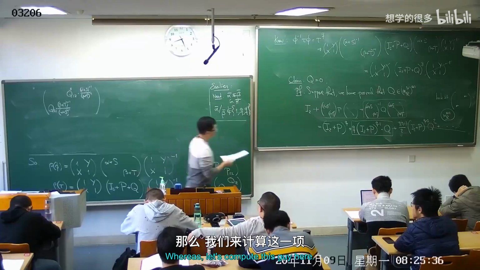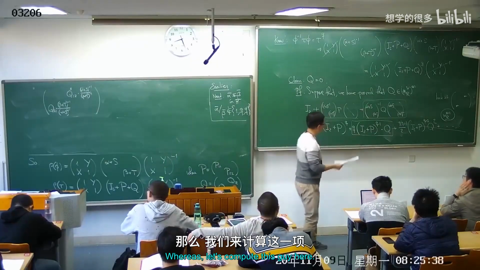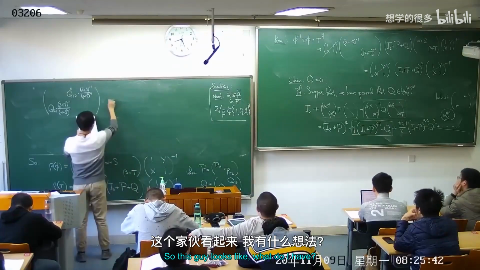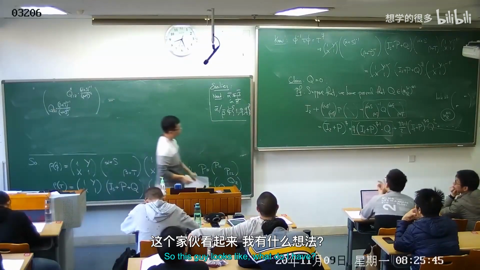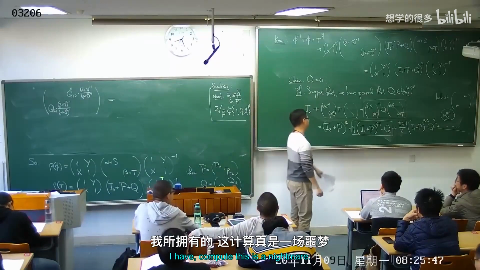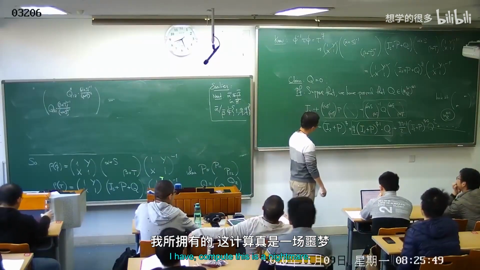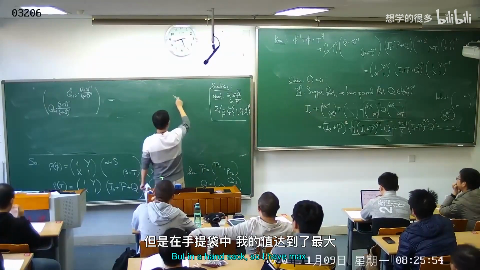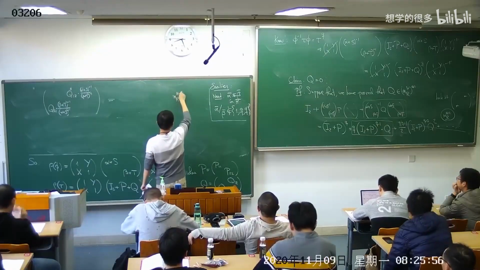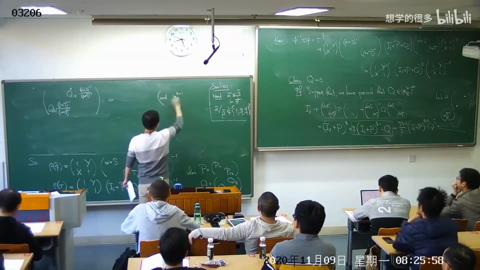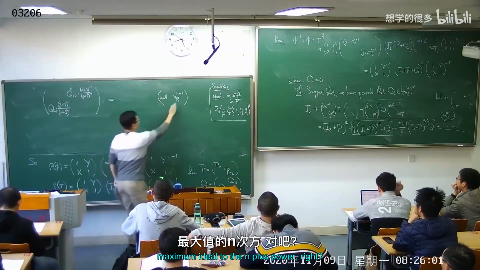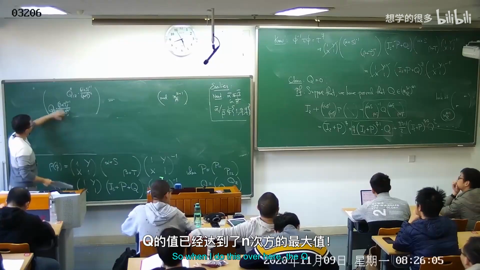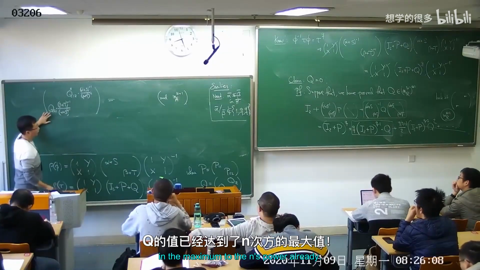Whereas, let's compute this guy here. Computing this is a nightmare, but hang on a sec. At the end of the day, I just want it modulo the maximal ideal to the n plus first power, right? So when I do this over here, the Q is already in the maximal ideal to the nth power.